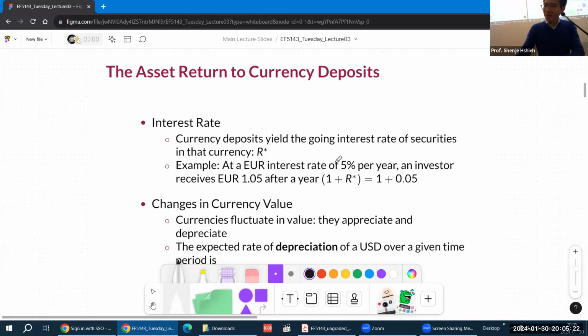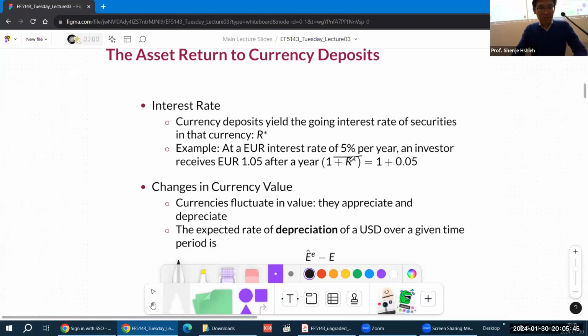For now, we're assuming there's no default risk. There's no chance that a country will just fail to bail out their banks. And therefore, R and R star are essentially guaranteed and risk-free. The example I give you here: suppose the interest rate is 5%. You deposit €1, then you should get 1.05 euros in 1 year. Super straightforward.